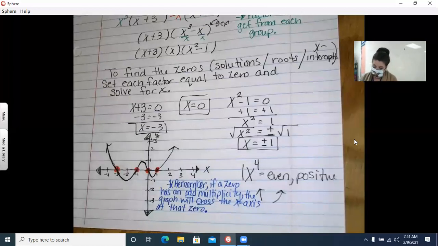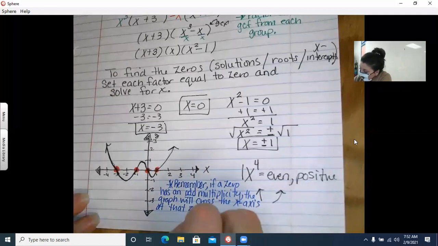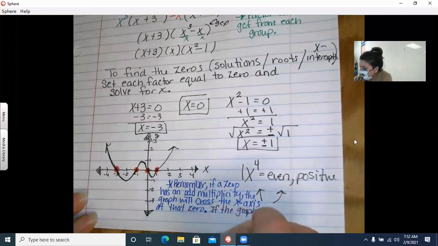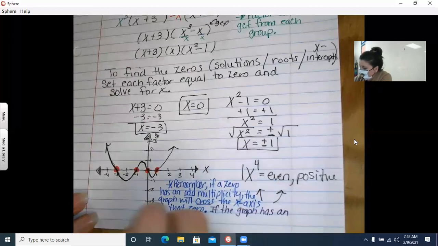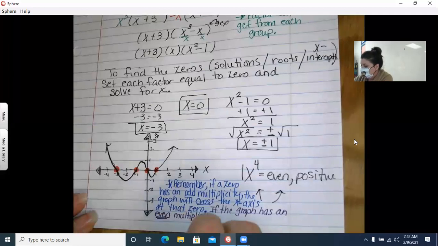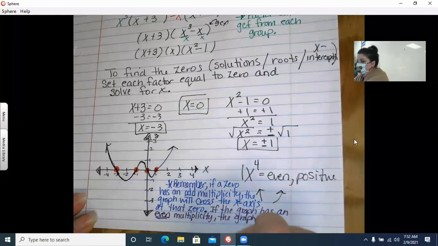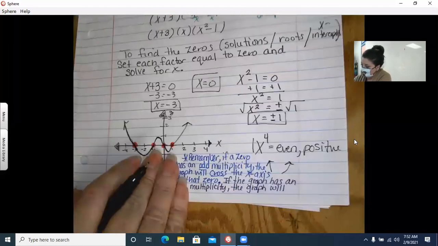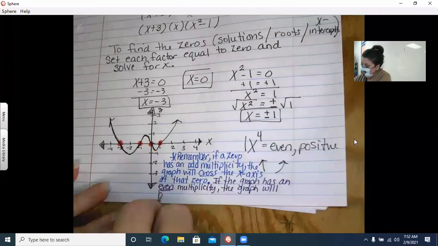And if the 0 has an even multiplicity, the graph will bounce at that 0.